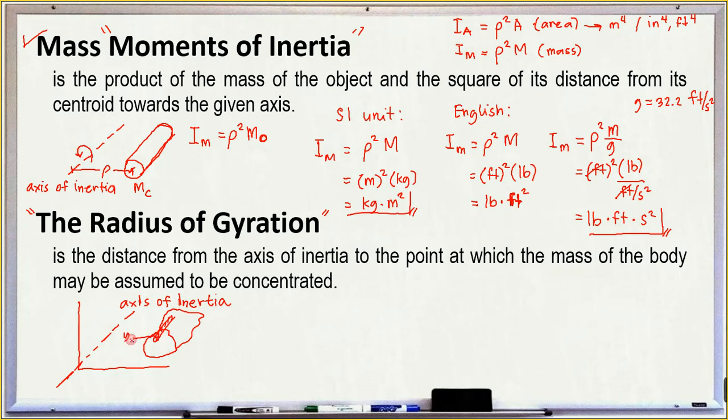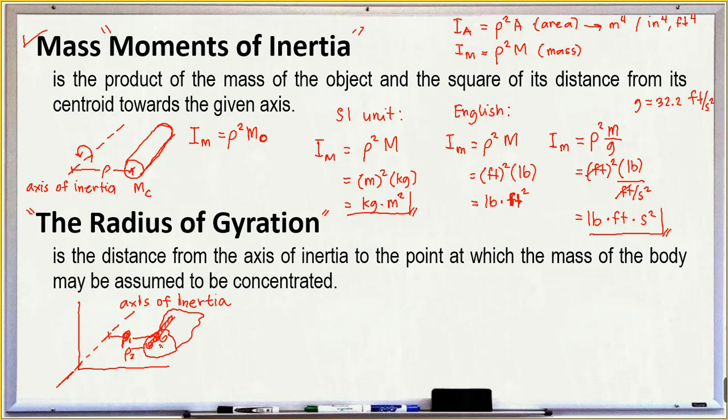Each of these rectangular strips has its own distance from the axis. Let's say this is rho 1, and another rectangular strip is rho 2, another is rho 3, and so on and so forth, and we add that up. Now, to make things simpler, we're going to use a unified distance.